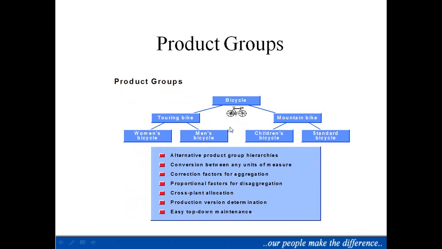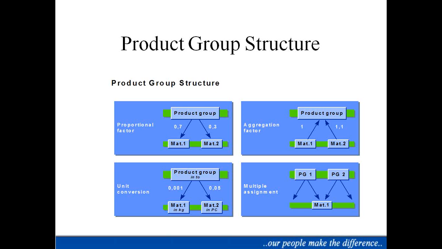For example, bicycle is one product group, and then there are products within it. Similarly, I'm considering a car, and in this car, we are considering the members like Maruti 800, Alto, as an example. That is how the product group and its members are taken into consideration.